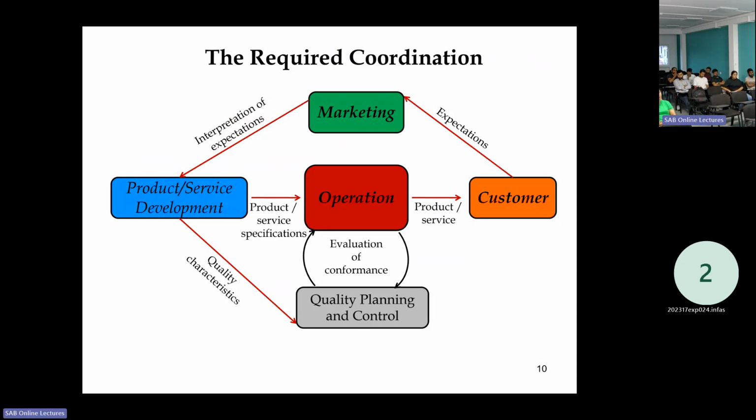But without other support, they won't be able to do it. Now, when we talk about quality management, we often talk about quality management staff and give the responsibility only to them. But they can do only little things. For organizations to manage quality, at least they should coordinate these departments and the top management.